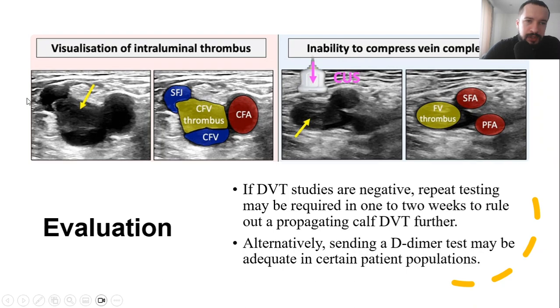There we visualize an intraluminal thrombus, and there you see the vein and then the artery. And there is inability to compress the vein completely. We can't compress it, and the reason is the thrombus.